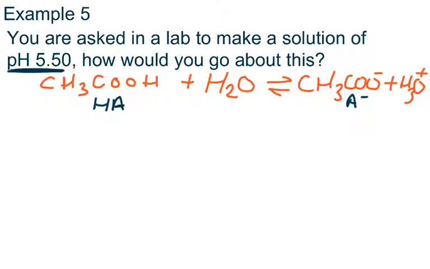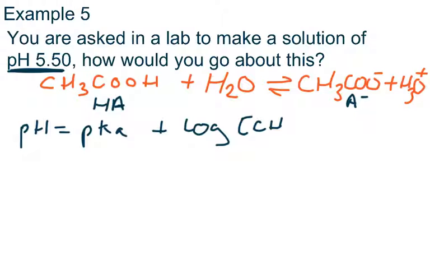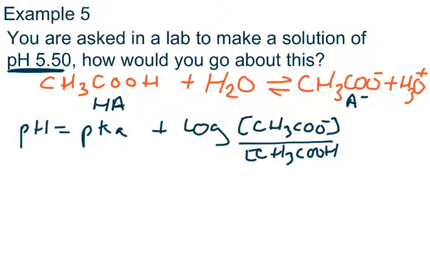So pH is equal to pKa plus log of the A minus concentration, which in this case is CH3COO minus, over the concentration of the acid, CH3COOH. We put in the square brackets to represent concentration and molarity.